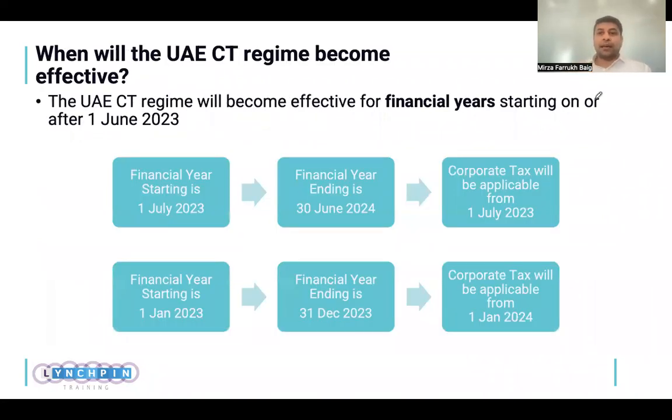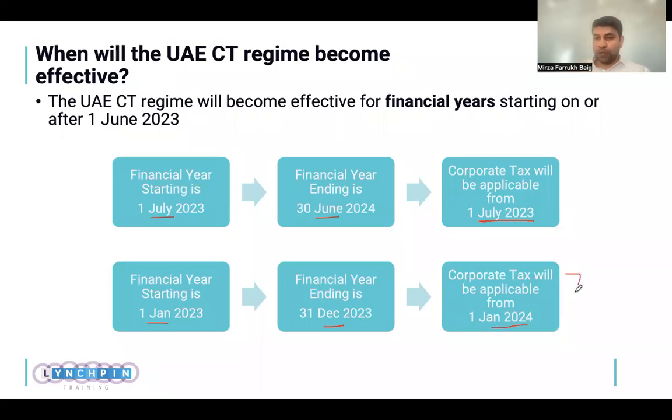As for application, if you have a financial year from July to June, the corporate tax in your entity would be applicable from 1st of July 2023. If you have a financial year from January to December, it would be applicable from 1st of Jan 2024.